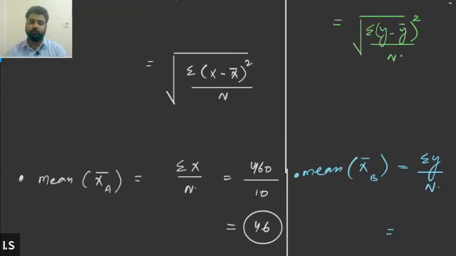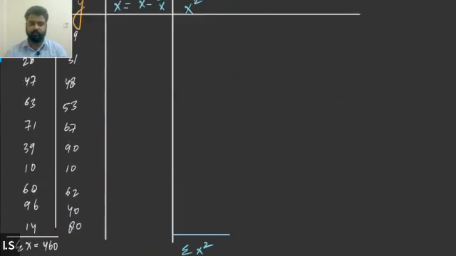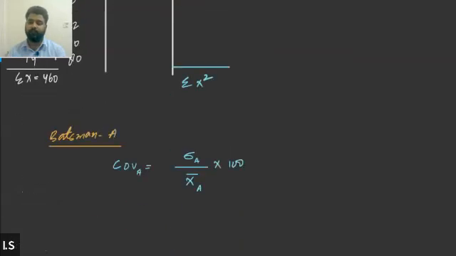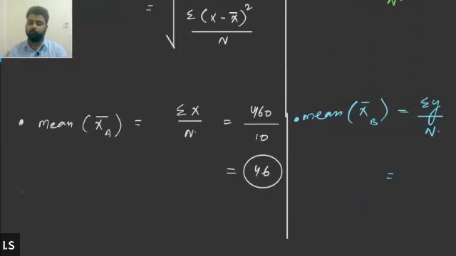Okay, so let's total these variables of y. 19 plus 31 plus 48 plus 53 plus 67 plus 90 plus 10 plus 62 plus 40 and plus 80. So the sum total of the y variables will be 500. 500 and total items are 10. So mean will be 50.